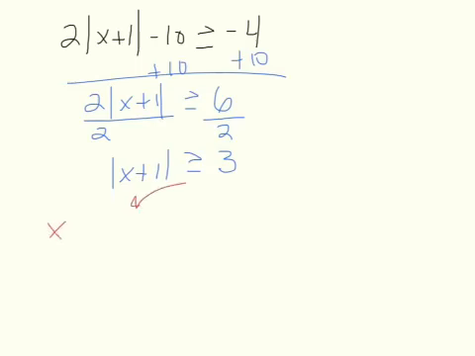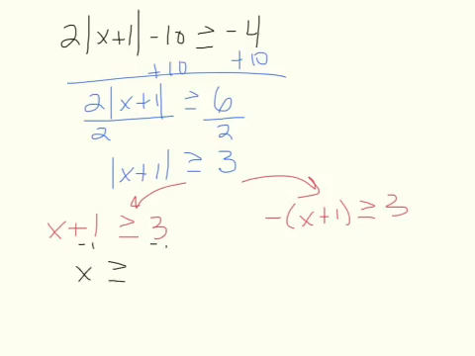Then we can split up my parts. x plus 1 is greater than or equal to 3. And then negative x plus 1 is greater than or equal to 3. So on the left, now we solve for x. So subtract the 1, and I get x is greater than or equal to 2. So there's one of my requirements for my x.